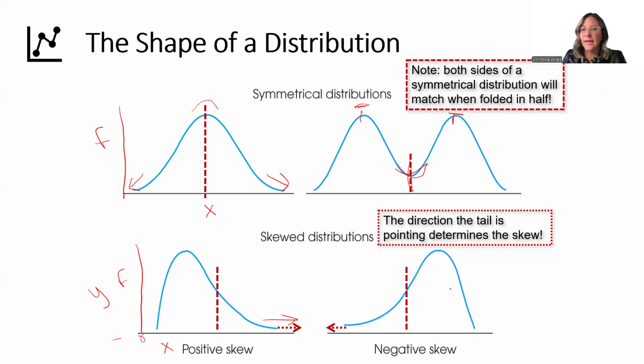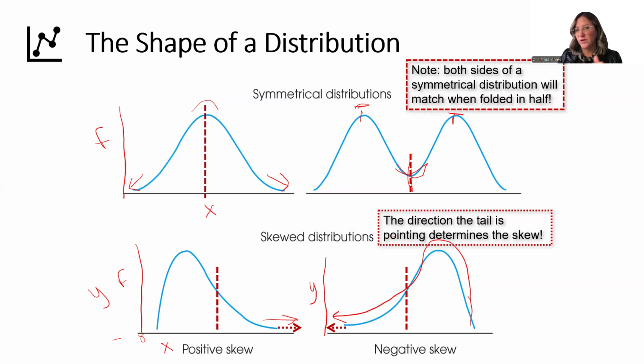On this one, a negative skew is when the bulk of the data is on this high end, and then all of a sudden we have a tail that comes down towards the low end, and that's a negative skew. It's skewed away from the negative side of the graph distribution.